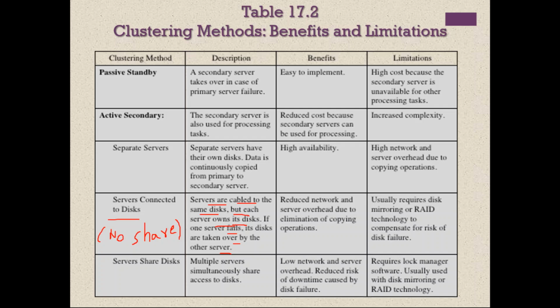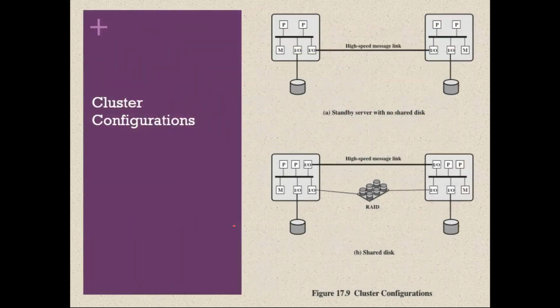If one of the servers fails, then the other server will take over. The servers are cabled to the same disks, which is nothing but RAID, but each server has its own disks.